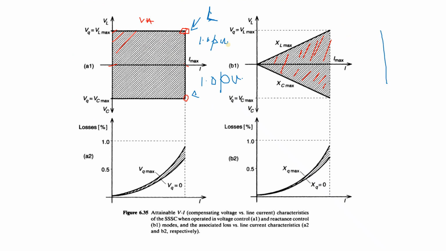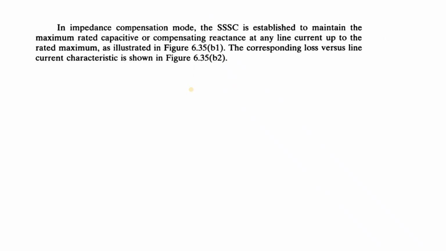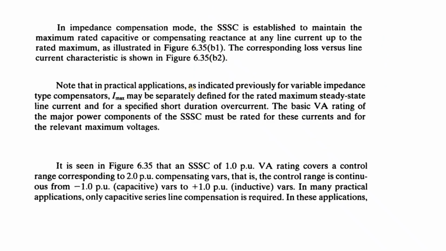If you add them, the total will be 2.0 per unit, the total VA rating, because -1 is for capacitive and +1 per unit is for the inductive mode.